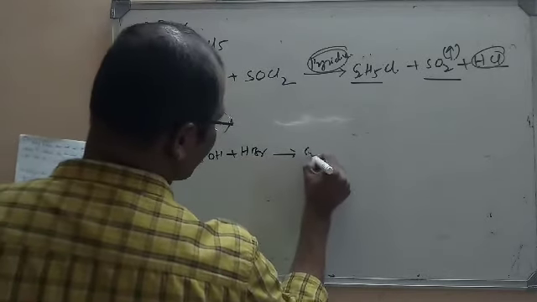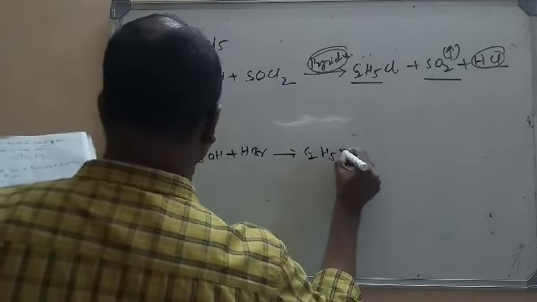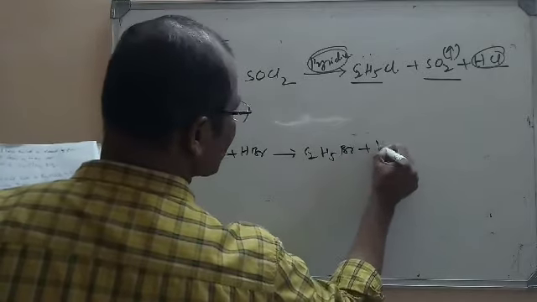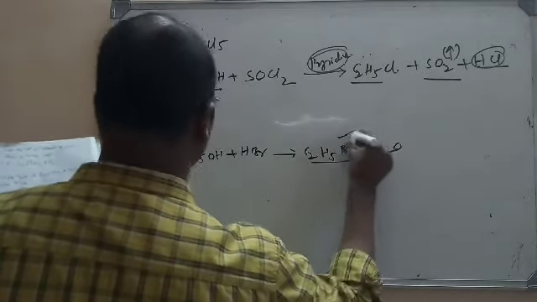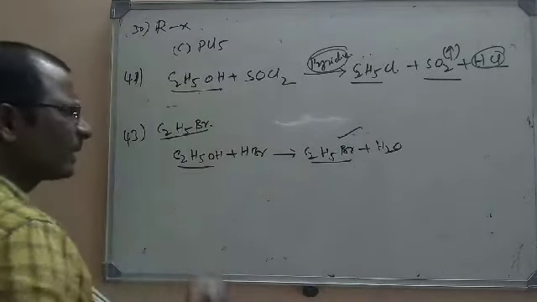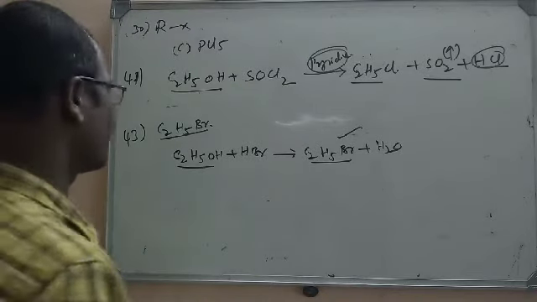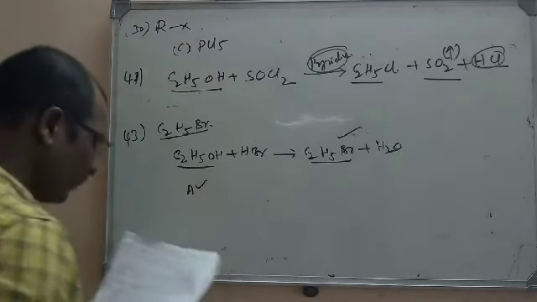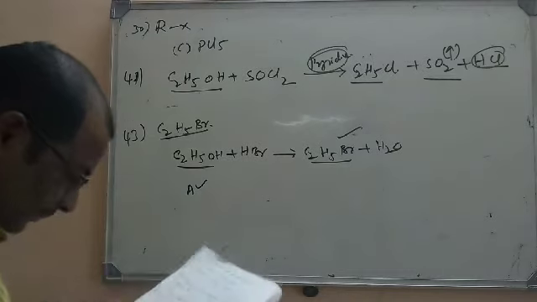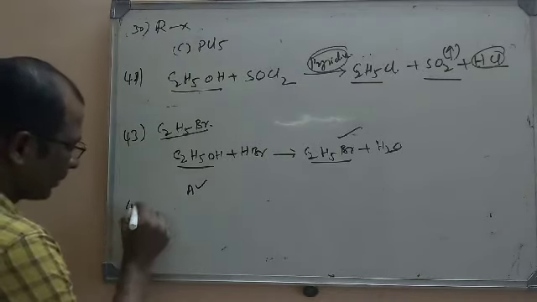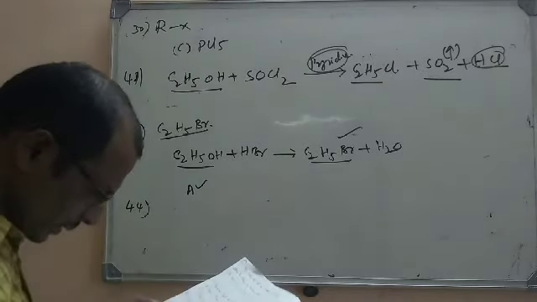What we are going to get here is C2H5Br and H2O. So we can synthesize ethyl bromide from ethyl alcohol and HBr. So the first option itself is the right option. Now let us move to the next question.